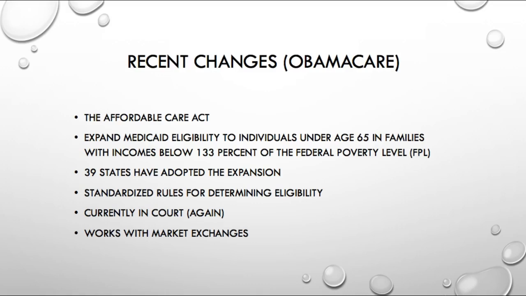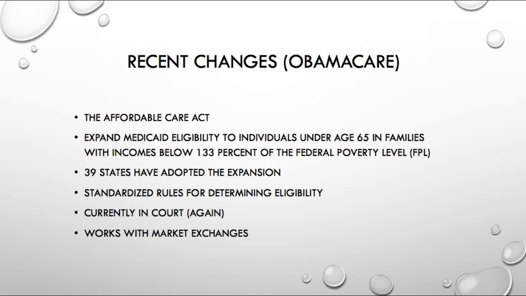Whereas states would only offer Medicaid to certain groups of people, the Affordable Care Act basically wanted that whole program expanded, and eligibility would be based on the federal poverty limit. You wouldn't have to be a disabled person or a pregnant person to necessarily qualify for Medicaid. It really standardized the rules across the states for eligibility.